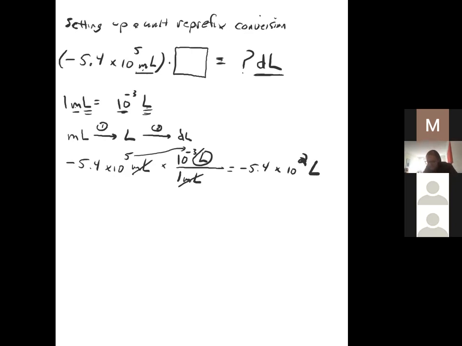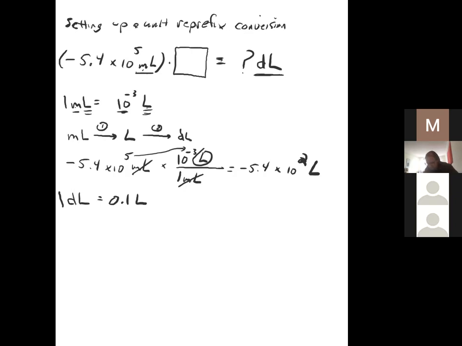And then in the second step, go from liters to deciliters. So here's our conversion factor for that. 1 deciliter, right? D is 0.1. So that's 0.1 liters, 1 deciliter, okay? So now we want to get rid of liters and we want to convert it to deciliters.